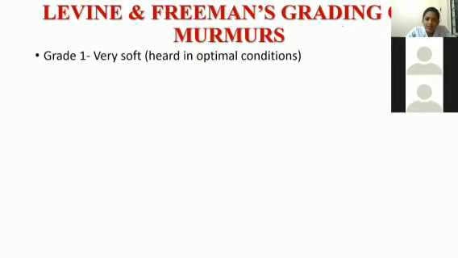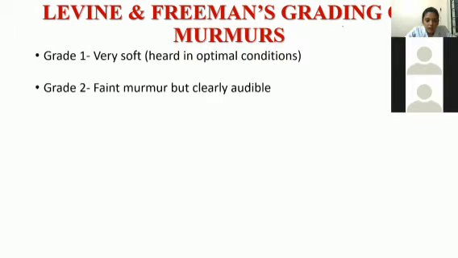So with a very soft sound, the patient's condition won't be so bad. In grade 2, a faint murmur but clearly audible. The murmur may be faint, but it is clearly audible with auscultation. In this, the abnormality is somewhat bigger.